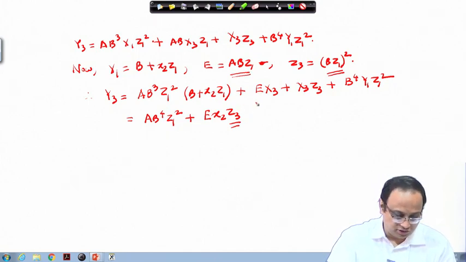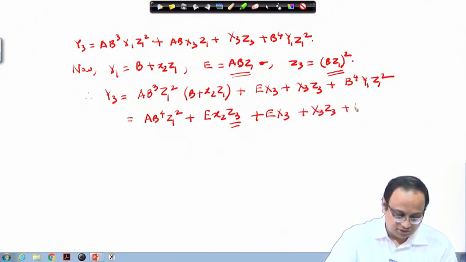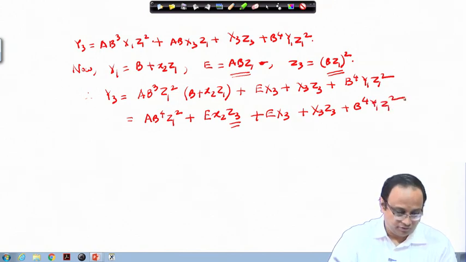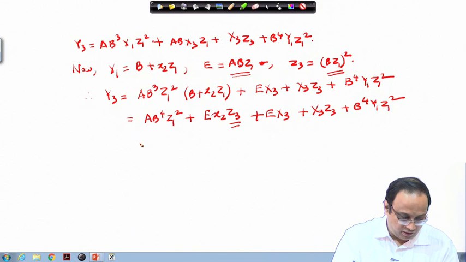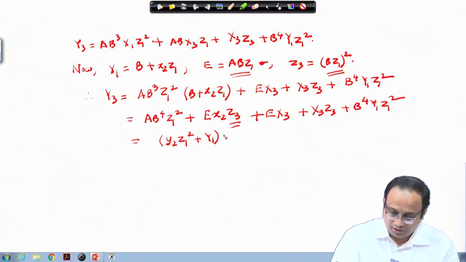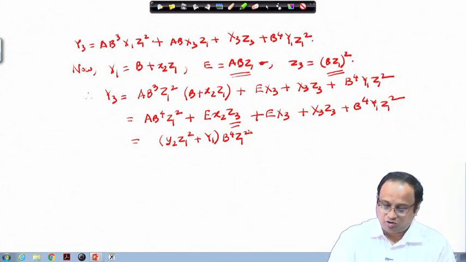So, you will get E x2 z3 plus E x3 plus x3 z3 plus b to the power of 4 y1 z1 square, and you can write this as y2 z1 square plus y1 b to the power of 4 z1 square being taken common.